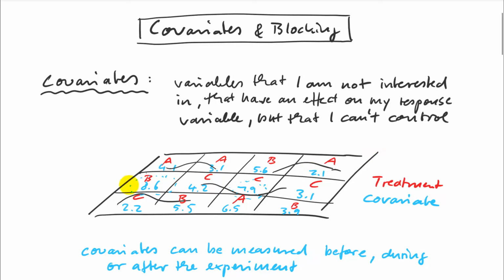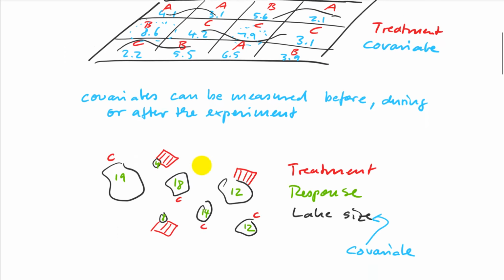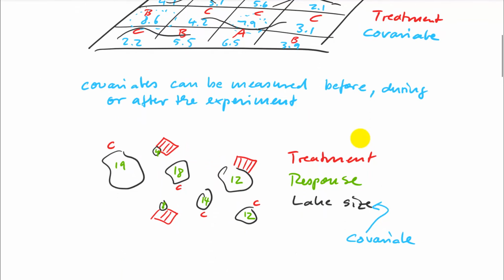This you can do in experimental situations, but this also applies to sampling designs. So for example, what I drew up here is a number of lakes with different sizes, and I'm comparing control lakes with no disturbance and perhaps some forestry or agricultural operation nearby that may pollute the lake to some degree. I want to know what the effect on my species richness or species diversity is.